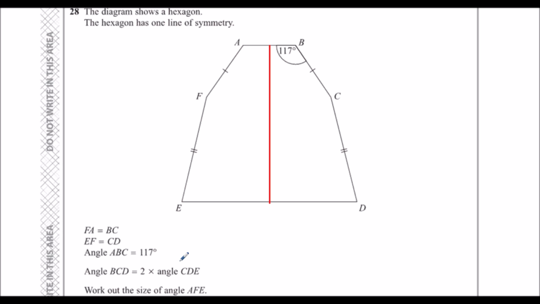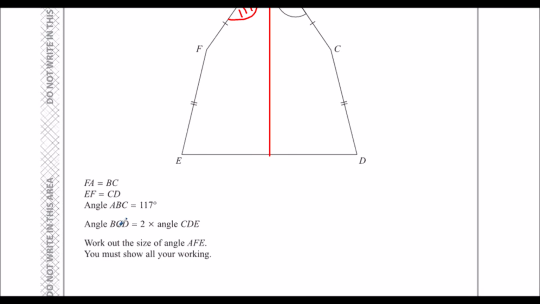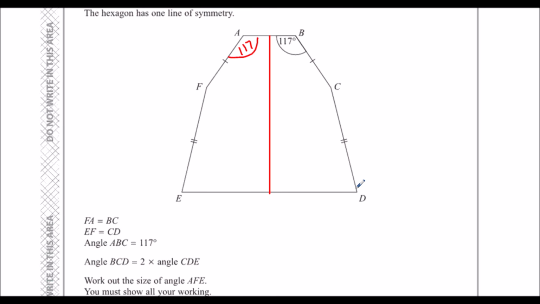Angle ABC is 117. It's symmetrical, so we can say that FAB, or BAF, is also going to be 117. Angle BCD is 2 times CDE, and we have to work out AFE.